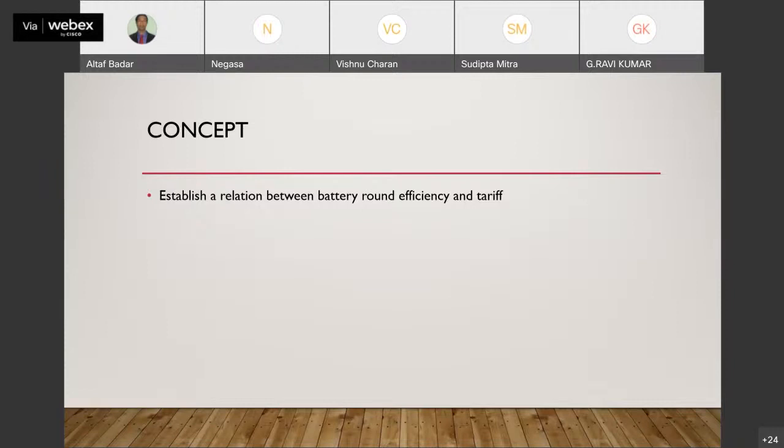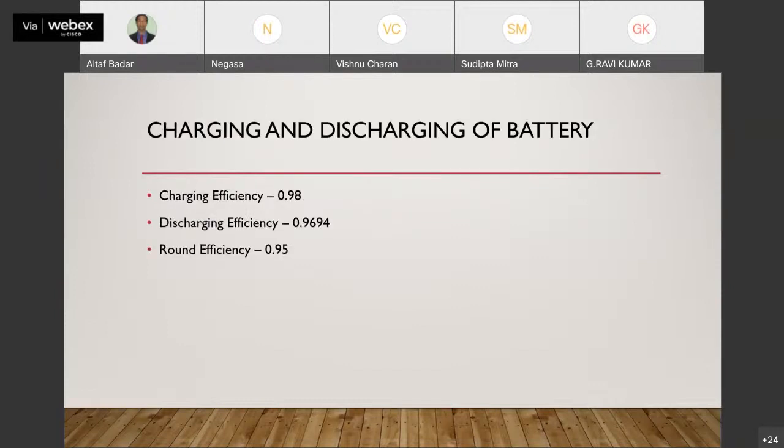Now, round efficiency is usually the product of charging and discharging efficiency. Just go to that part here. What we can see here is that in today's presentation, we would be taking the charging efficiency as 0.98. The discharging efficiency we will take as 0.9694.